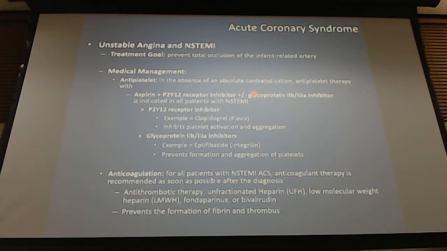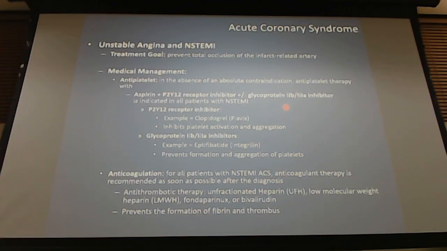So if I have my antiplatelet on board, that could be aspirin, that could be your P2Y12 receptor inhibitor, and then you also see your glycoprotein 2B3A inhibitor, and we'll go into more detail about the examples of those. But I can give my patient any one of these antiplatelets to make sure that yes, I had that rupture occur, my patient is in pain, but I am preventing that total occlusion from happening, okay?